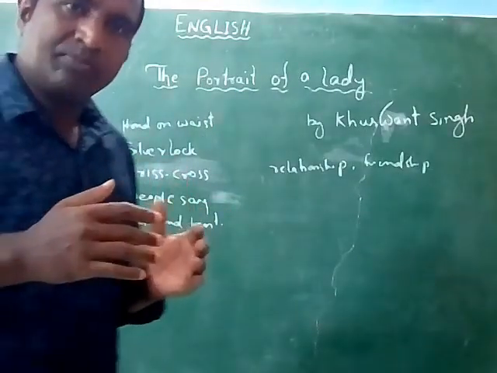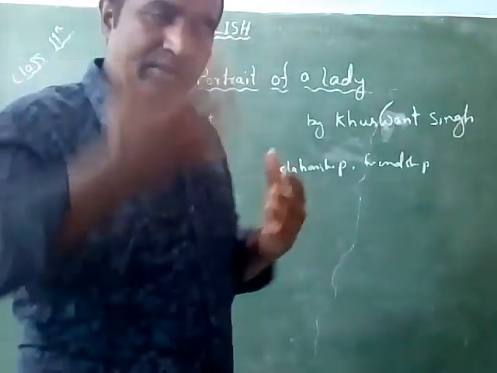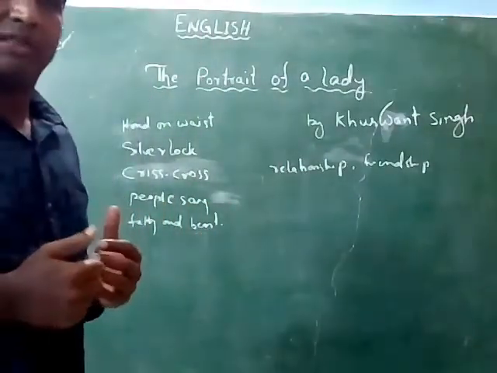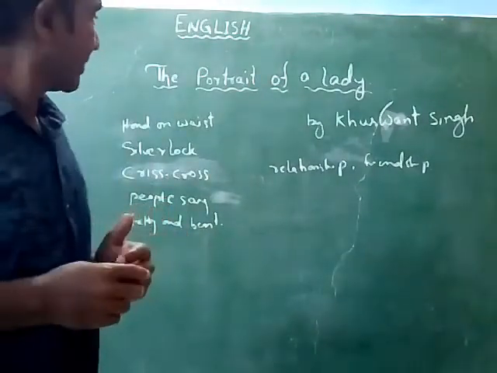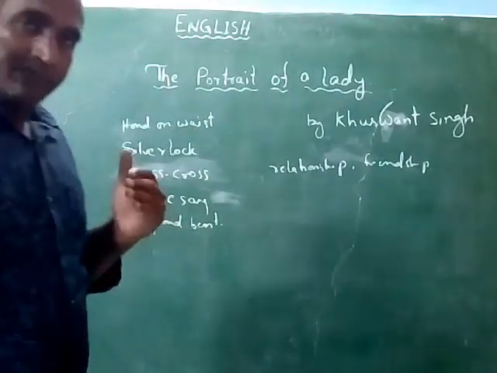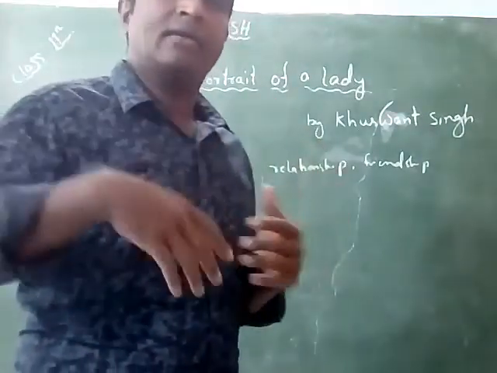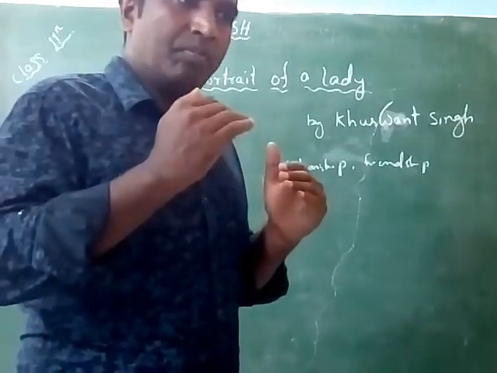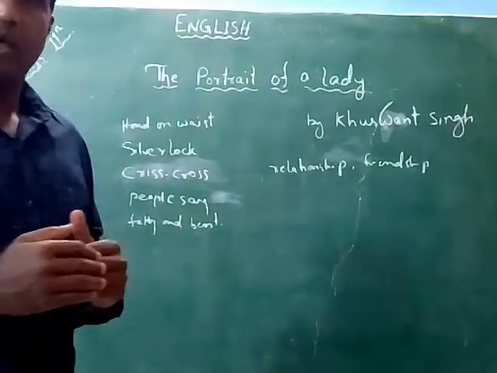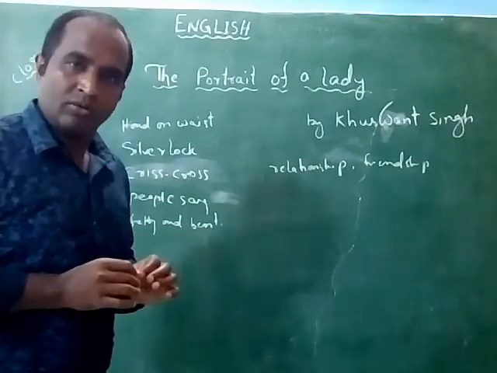Her white hair is scattered all over her shoulder and covers her pale face. Means she's too old. That is why he is saying pale face. And she wore a spotless white saree. Spotless white saree means totally white because she was a widow.